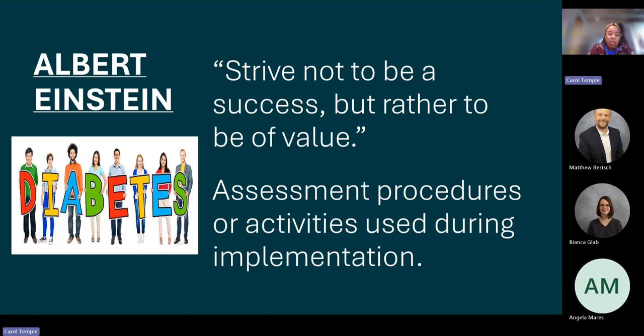So, assessment procedures or activities used during implementation. The pre-assessment phase screens pre-diabetics, and educators educate them on diabetes complications, diet, medications, and consequences.